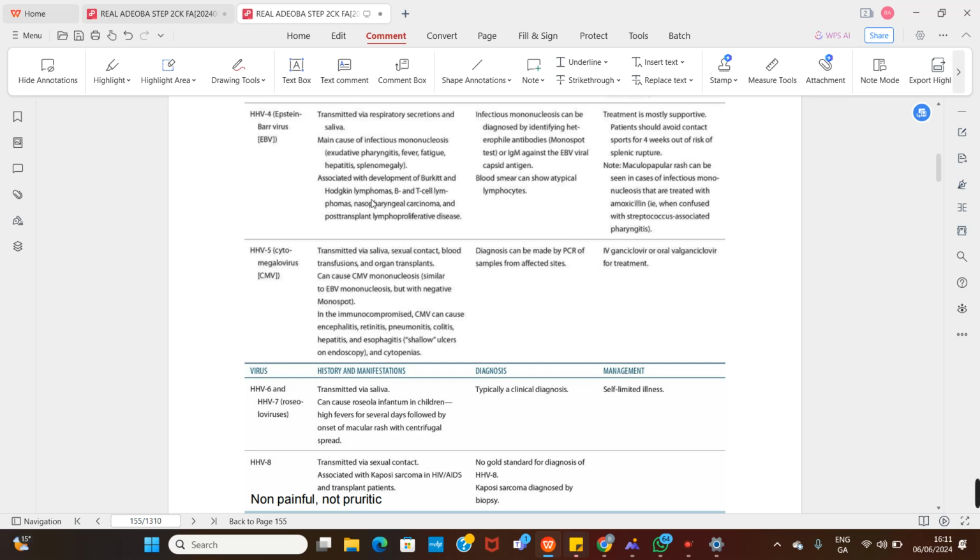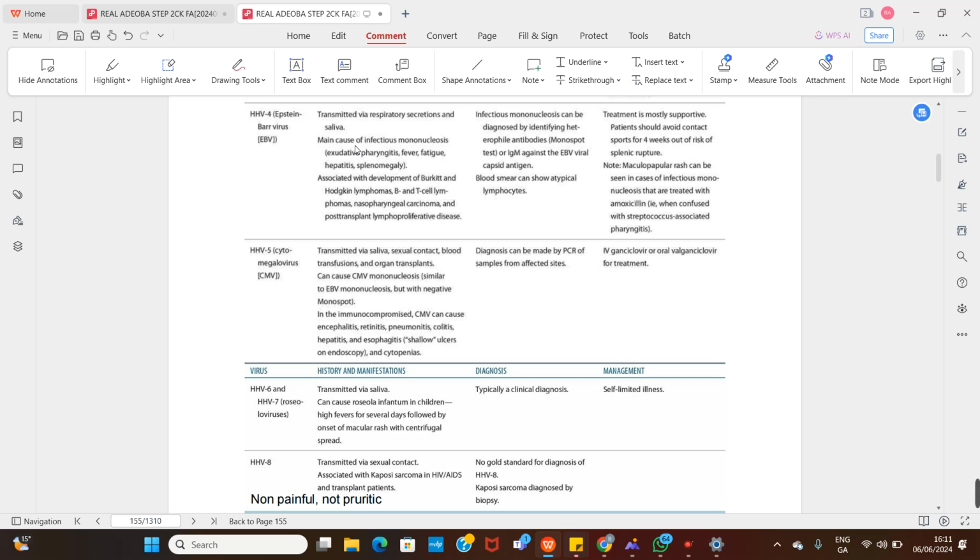So maculopapular rash can still happen with this constellation of signs and symptoms we have described. But if you don't have the maculopapular rash, and you give amoxicillin, thinking it is streptococcus pharyngitis, they can also develop the maculopapular rash, but that rash is not related to the Epstein-Barr virus.